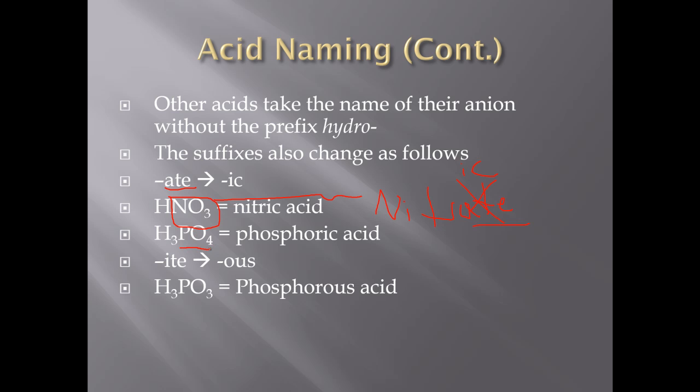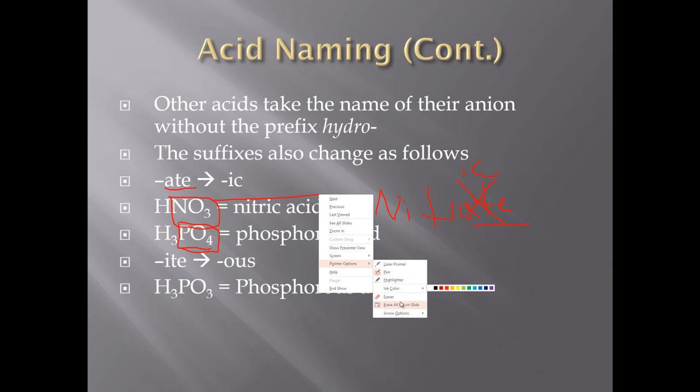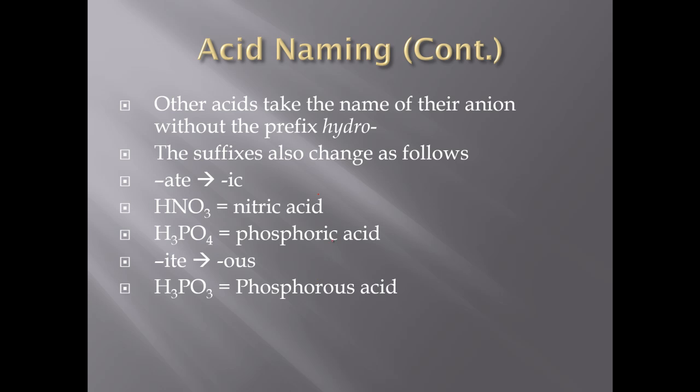You guys can look up this one and see what it is. But you can see we changed the ending to IC, so this must be something that ends in ATE. So let's erase that. Now we've got this one, PO3 instead of PO4, which means it's one less oxygen. If you're remembering your rules from your polyatomics, then that means it goes from an ATE to an ITE.